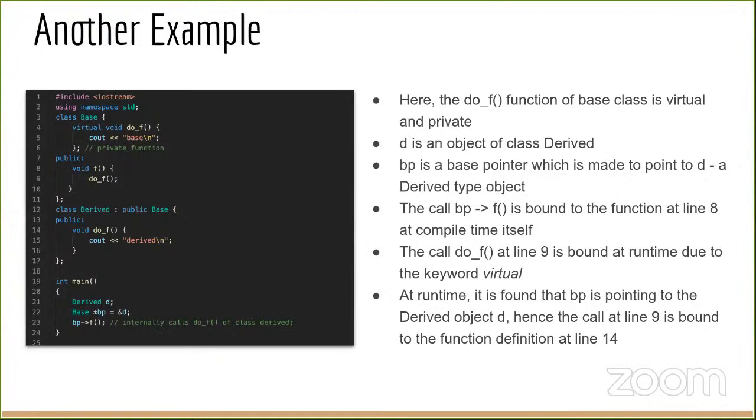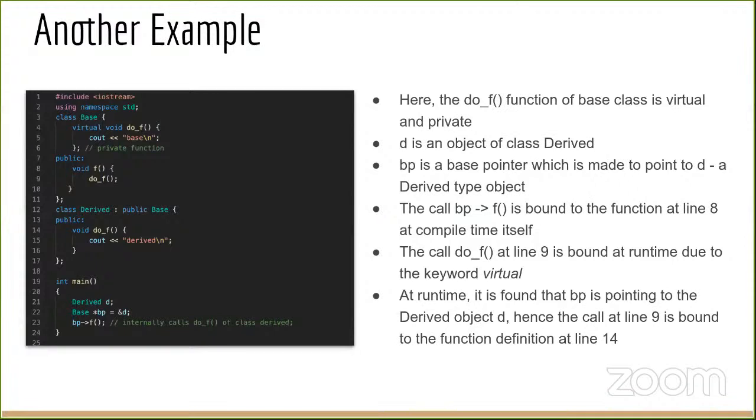So now what is left is that the actual object type is looked at runtime, and the actual object type, as we can see in lines 21 and 22, is of class derived. So based on that, at runtime the class derived would be looked at, and a function with the same signature as do_f, as present in the call in line number 9, is searched for.